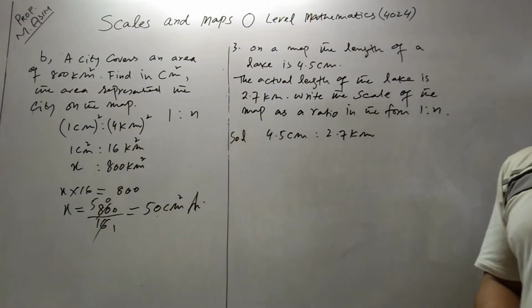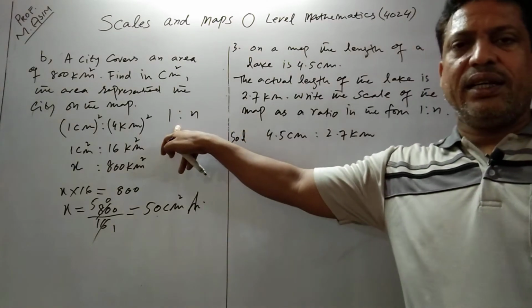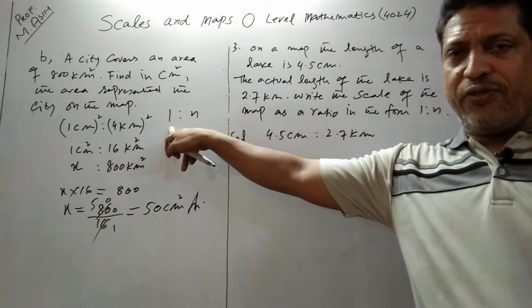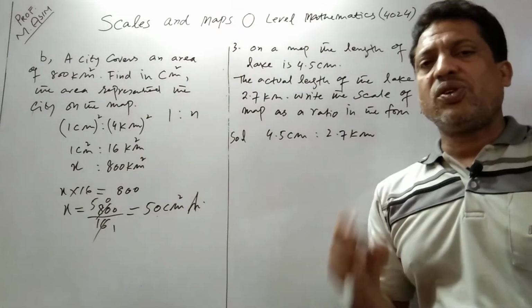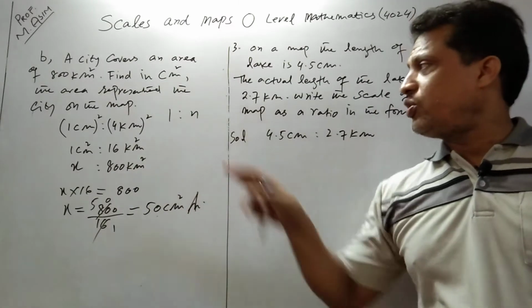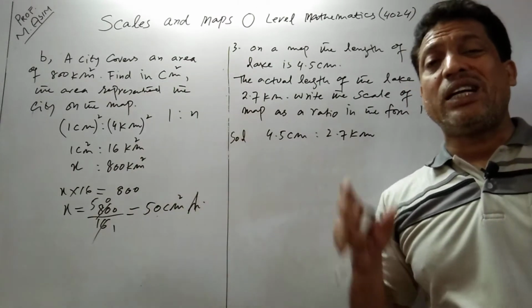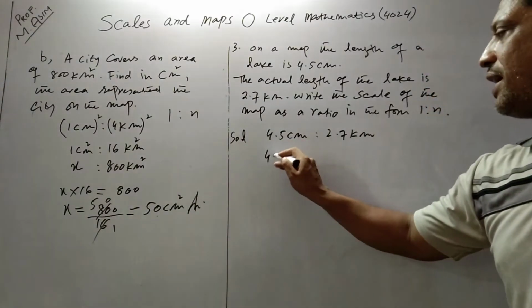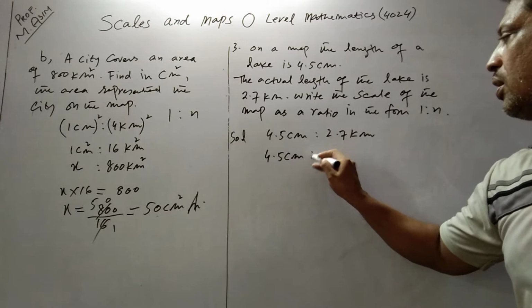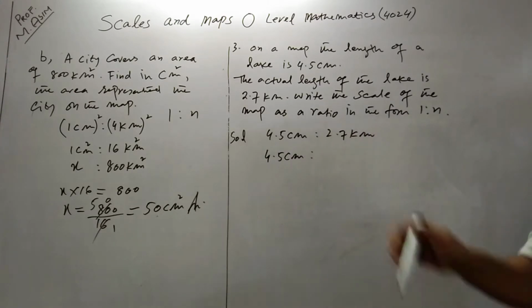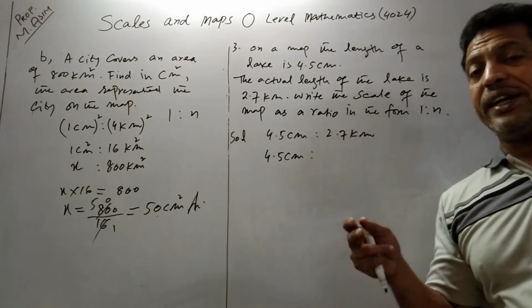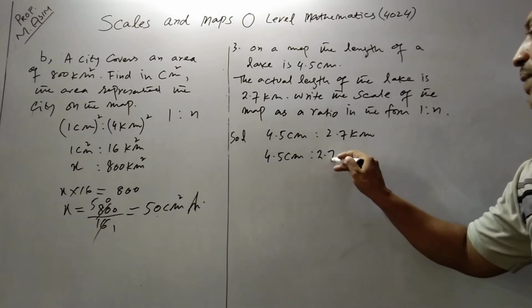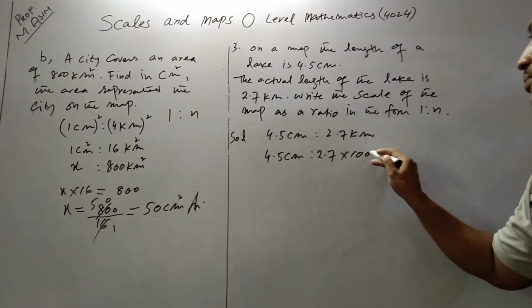Student, when we have to find the scale in the form 1:n, first of all both the values must be converted into centimeter. This is already in centimeter, but this is in kilometer. How to convert kilometer into centimeter? We just multiply it by 100,000.